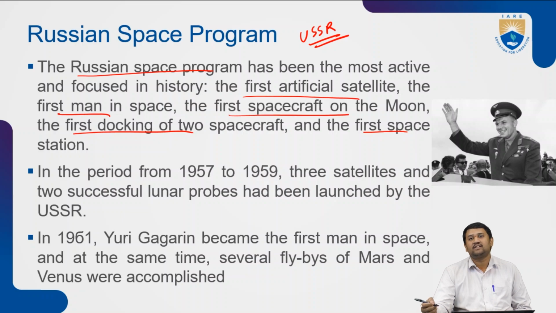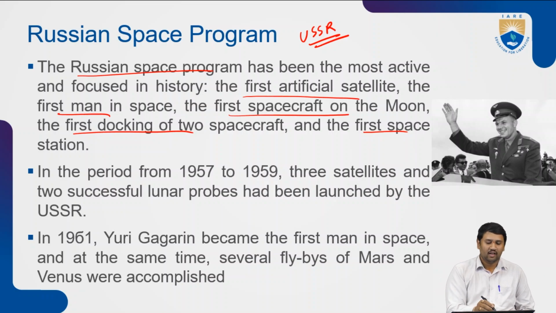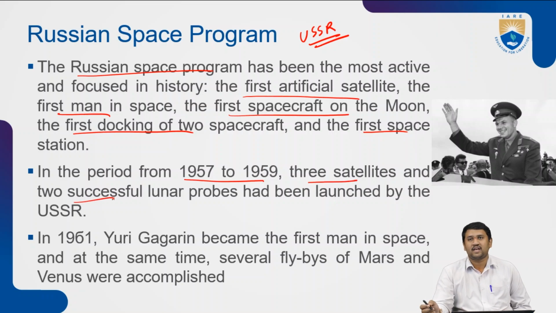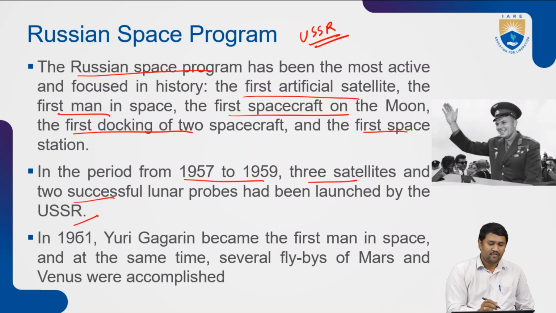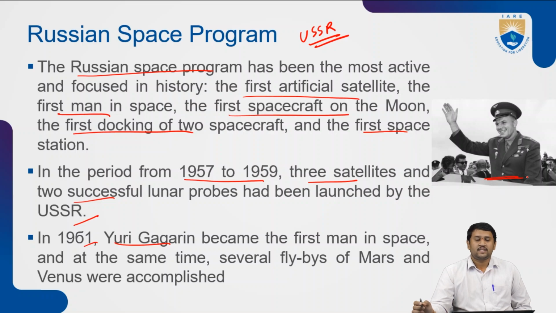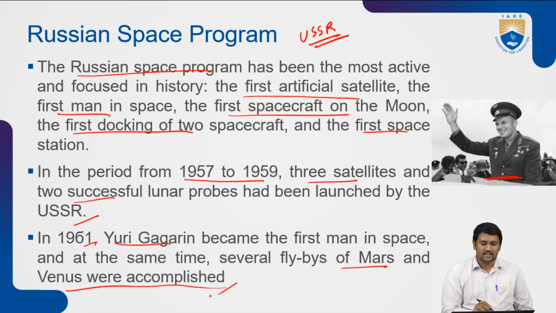Now, in the period of 1957 to 59, 3 satellites and 2 successful lunar probes were launched by USSR, whereas in 1961, Yuri Gagarin, the person on the right, became the first man in space. At the same time, several flybys of Mars and Venus were accomplished. What do you mean by flybys? Small info.